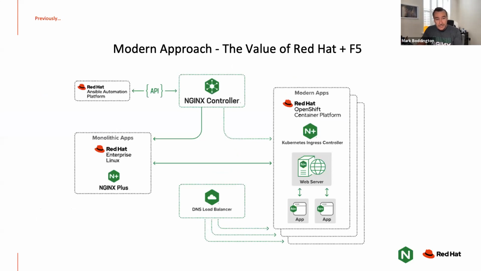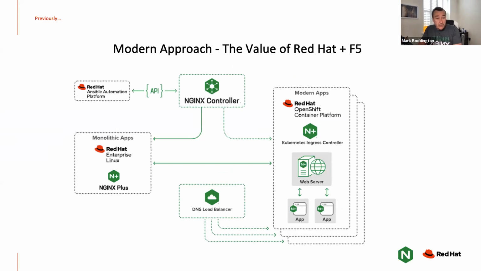So with modern apps and even traditional apps, we have various ways to help you automate the deployment in those environments using a combination of Red Hat's Ansible Automation Platform, along with NGINX Controller, which is our API-driven, application-centric control plane for managing NGINX deployments.